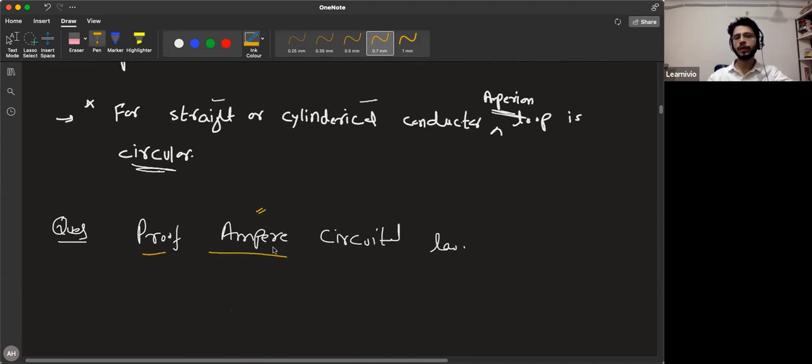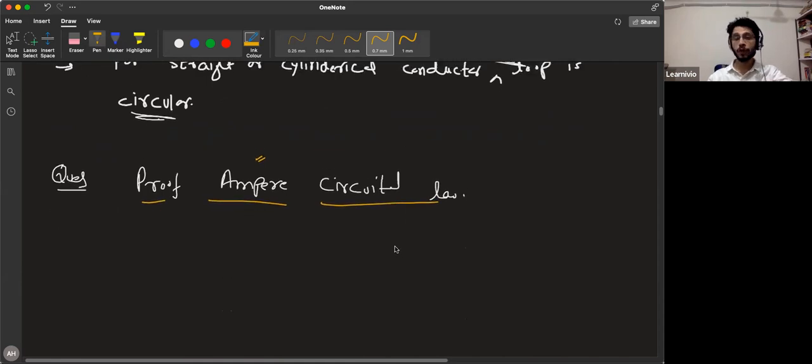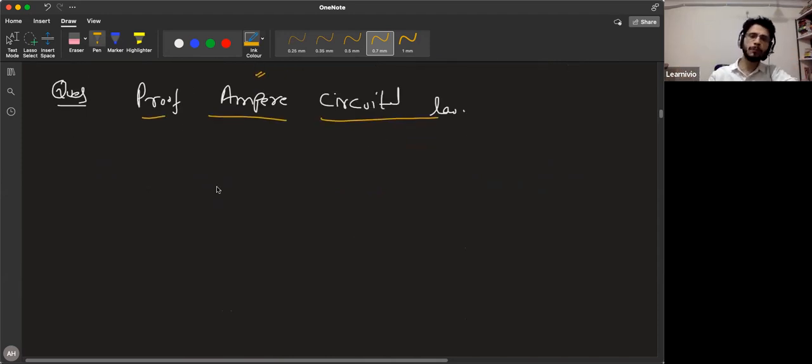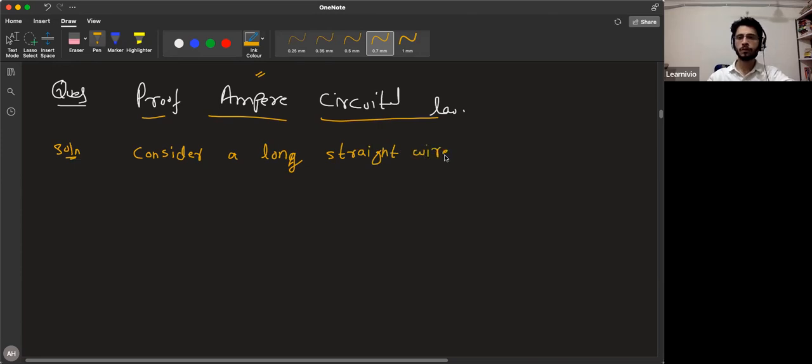So you can get this proof, like prove Ampere circuit law. We are not deriving Ampere circuit law. That derivation is not a part of school syllabus. You just have to prove it. So to prove Ampere circuit law, let's consider a long straight wire and a circular loop of radius r.